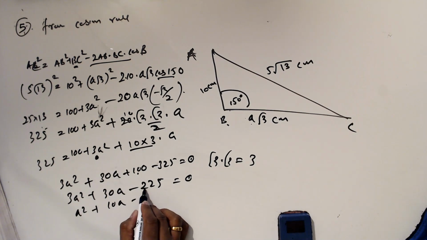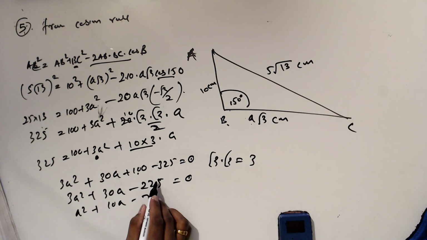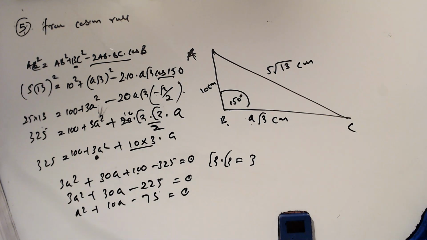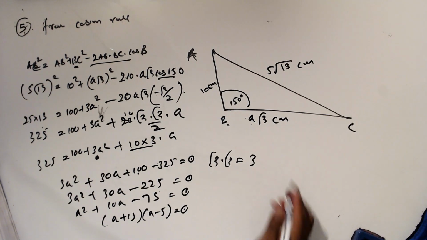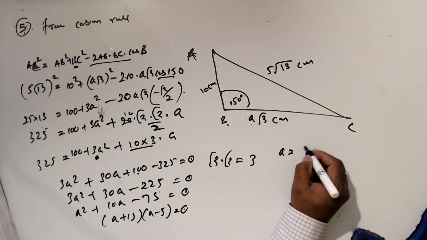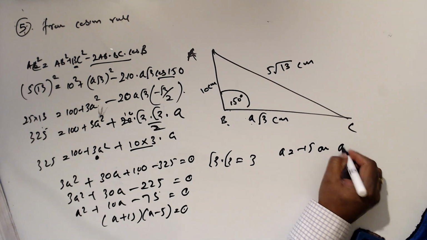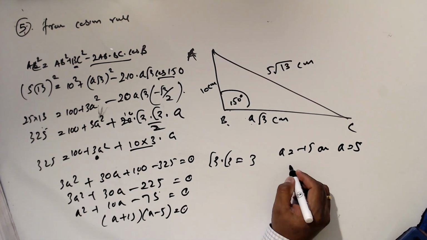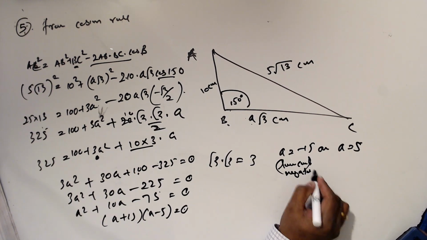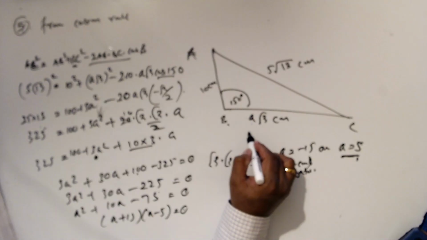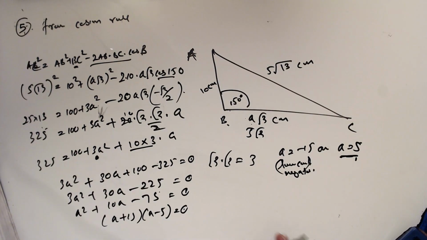This is 75. So this is going to be A plus 15 and A minus 5 equals 0. So A equal minus 15, no, A equal 5. So we have to reject this answer as length can't be negative. So A is 5. So now this is 5 square root 3.